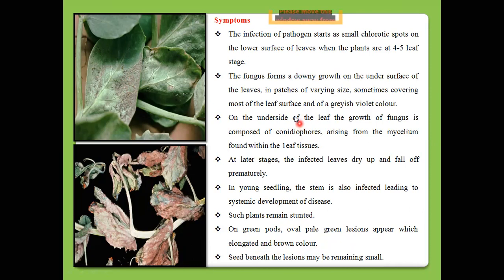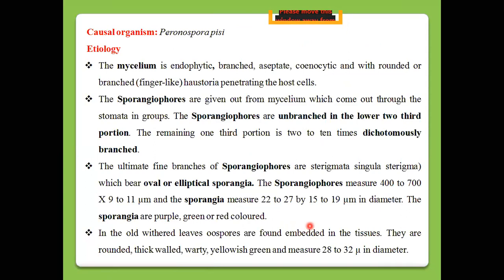Okay, this small size is produced within these infected pods seen on the infected pea plants due to the downy mildew pathogen. Then the causal organism is Peronospora pisi.